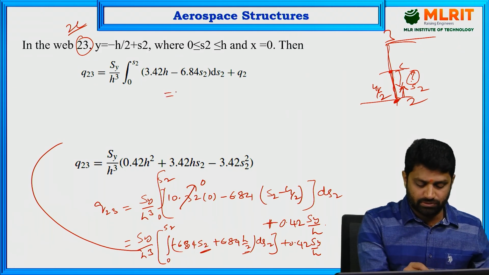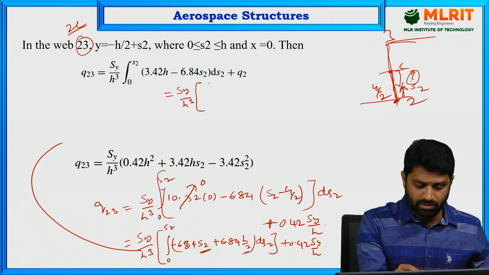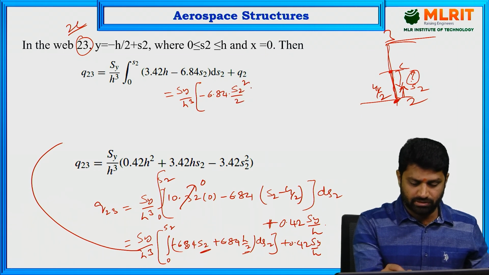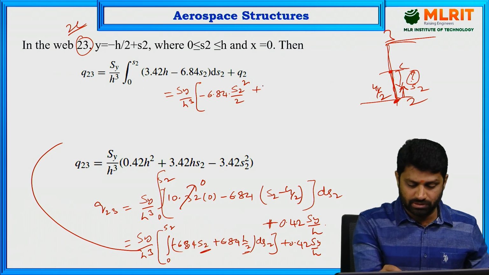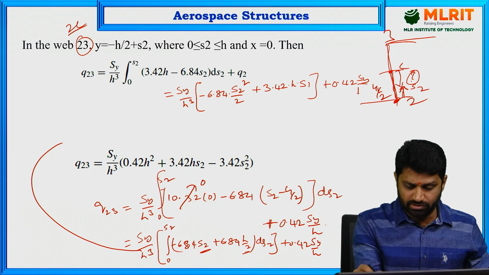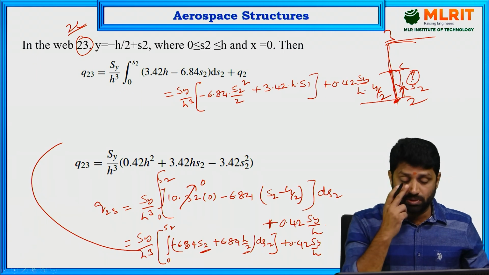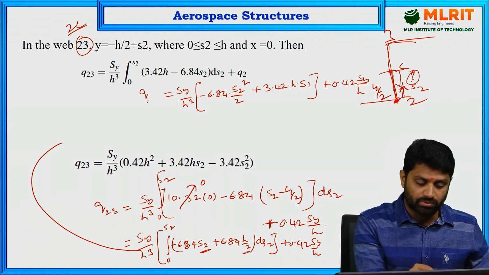So that is equals to Sy by h cube into minus 6.84 into s2 square by 2 plus this 6.84 by 2, it becomes 3.42 into h into s2. Okay, so this is the integration plus 0.42 into Sy by h, that is q2. Okay, so after this is nothing but what, q23.